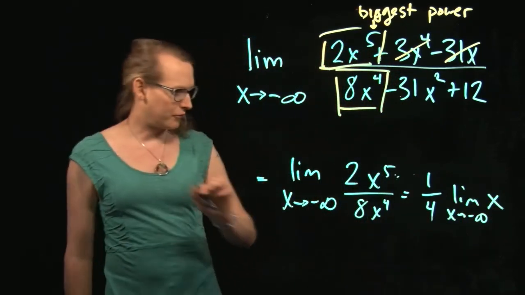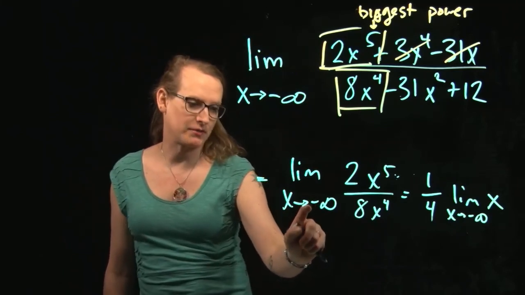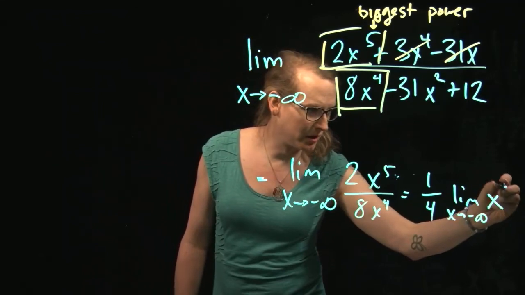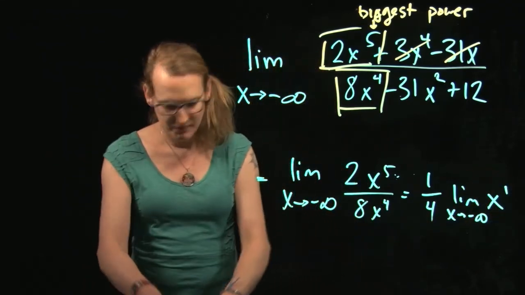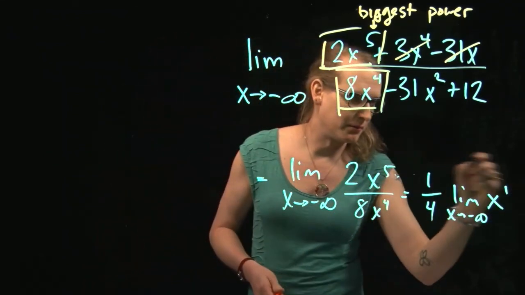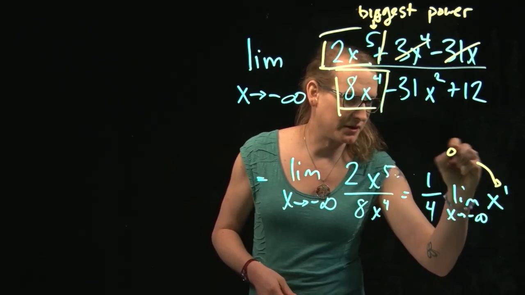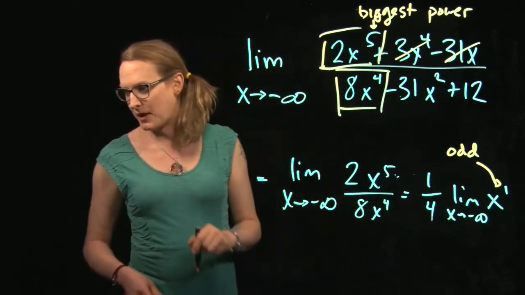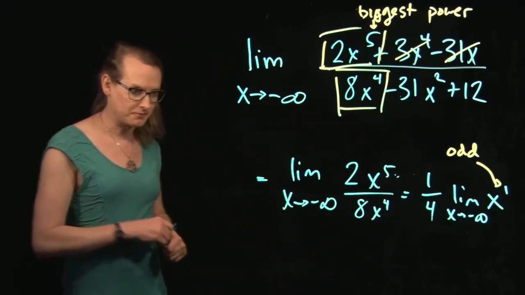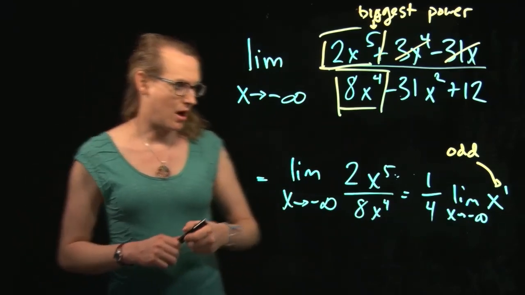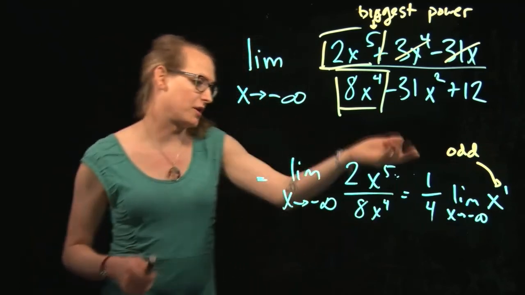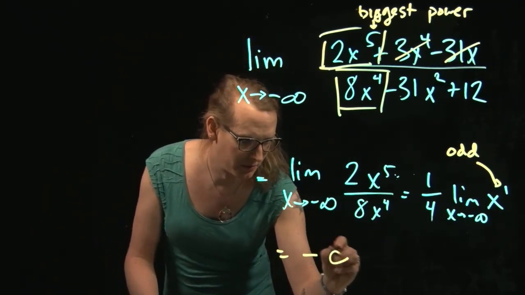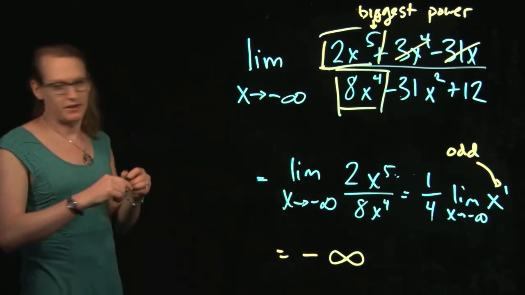And now be careful. That little minus sign right there, make sure that you pay attention to it. So when this power right here is odd, and check it, that power right there is odd, we have to pay special attention to what's going on at the negative right there. So when we plug in negative infinity, we've got an odd number of negatives going on, and that number is simply equal to negative infinity.